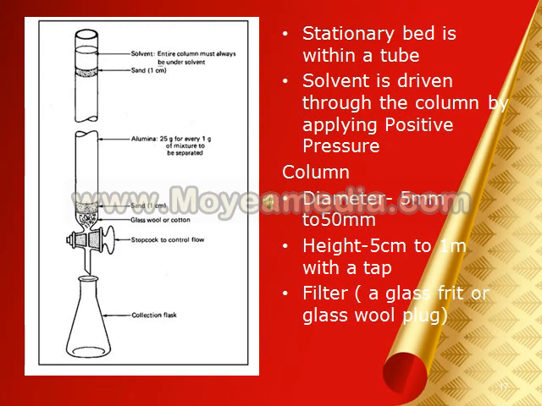As we open the stopcock, solvent at the top runs through the material and the silica gel and comes out in the collection flask. As soon as one compound is separated, we put another conical flask there.